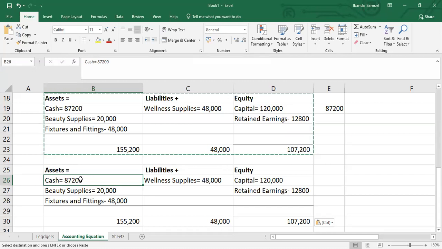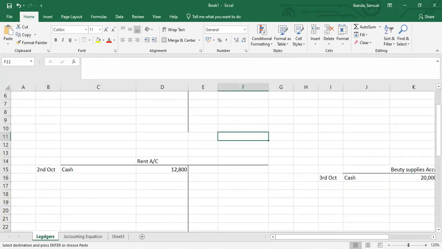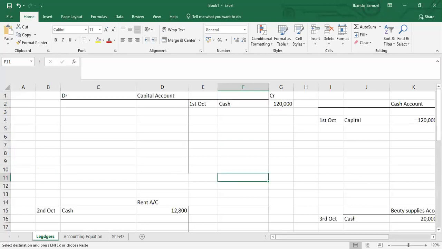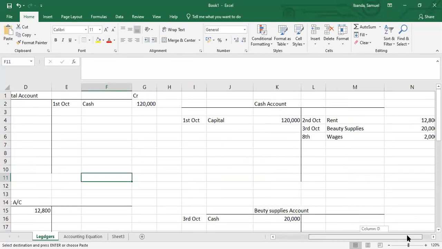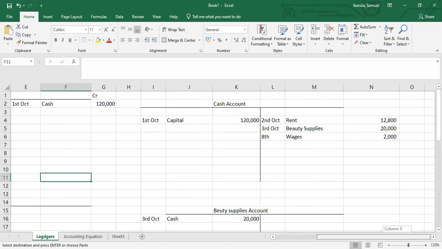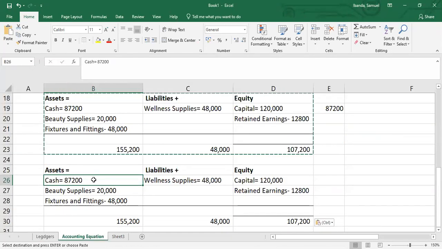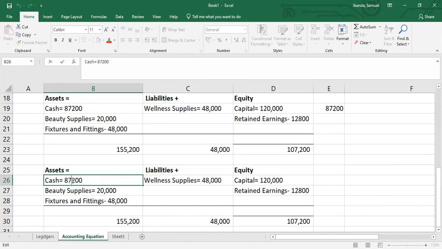Yes, because I'm paying using cash. Remember, I have credited by 2,000, so I'm going to adjust this by 2,000. This will be 85,200.